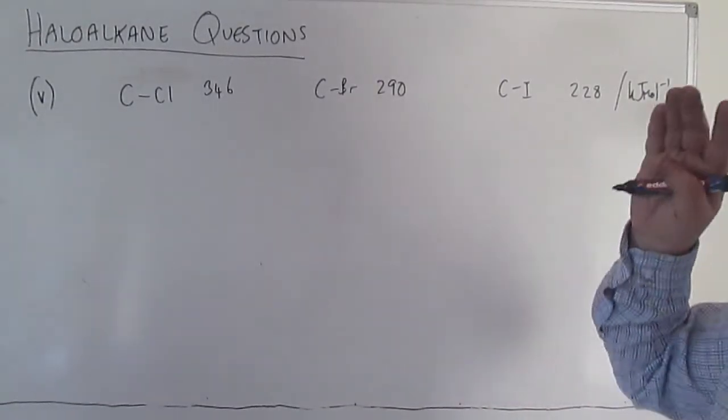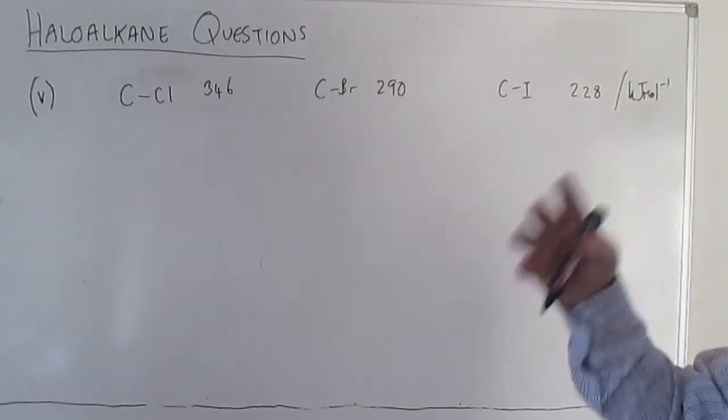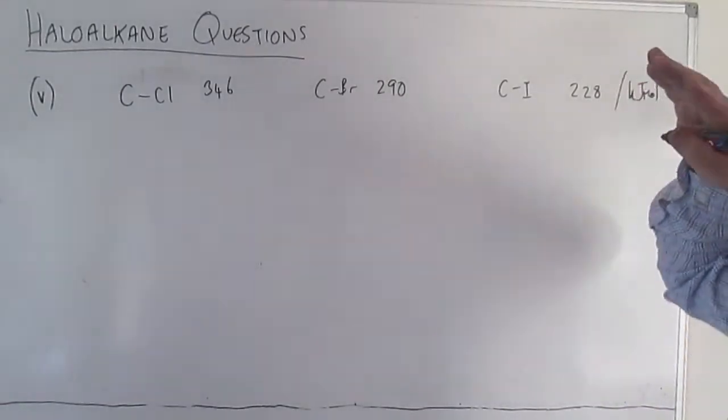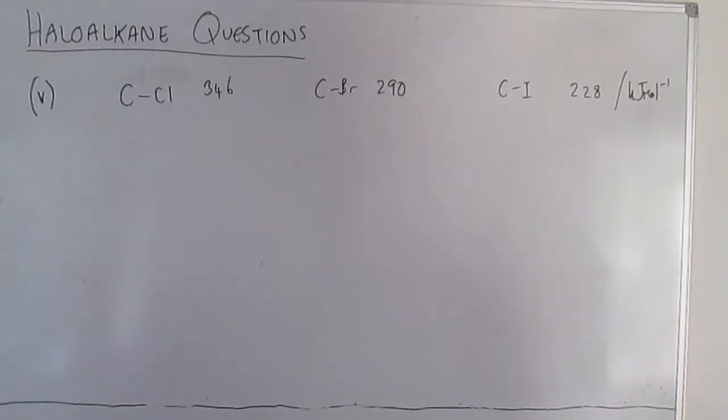But it doesn't matter, because all that matters is that, because it's the enthalpy change when a mole of bonds is broken, the bigger the number, the stronger the bond. So that's all you need to really get from that.